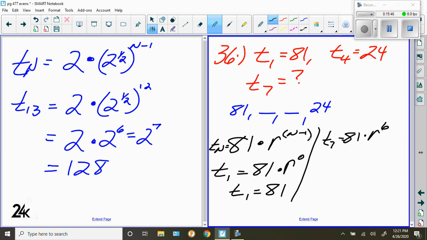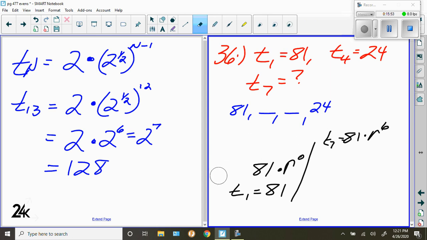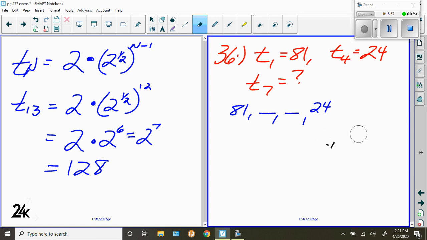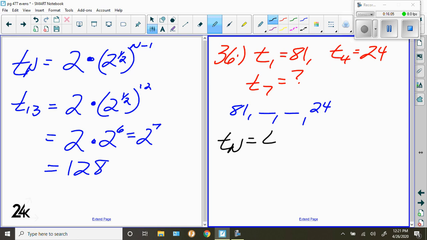Hmm. Let's erase it one more time. Geometric: the nth term is the first term times r to the n minus 1.